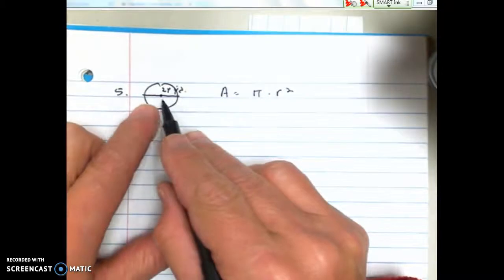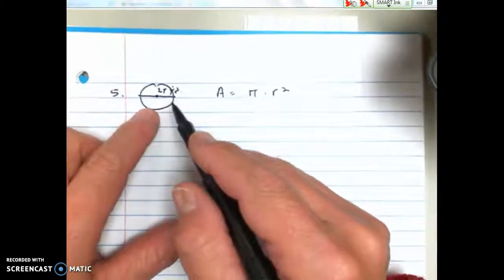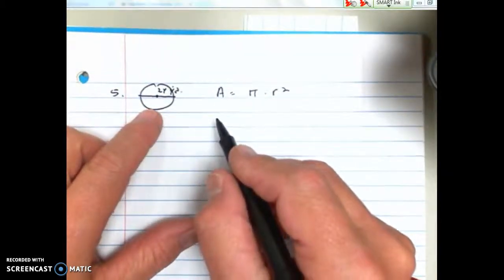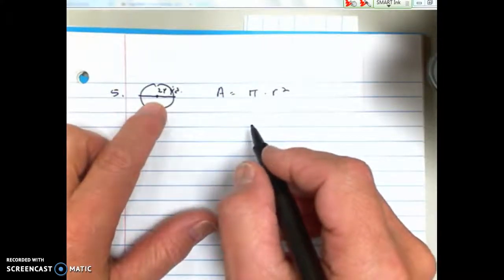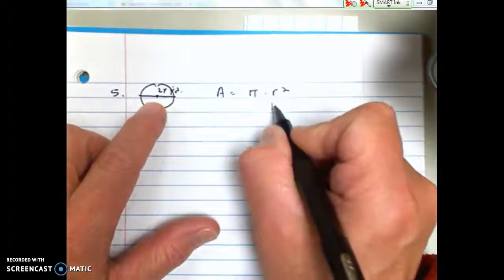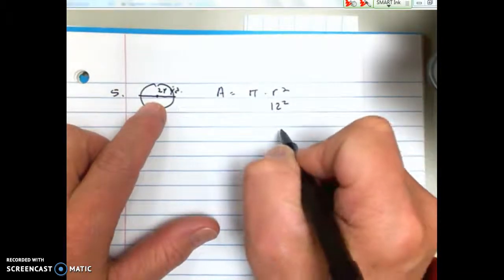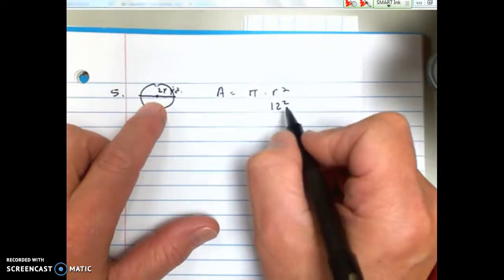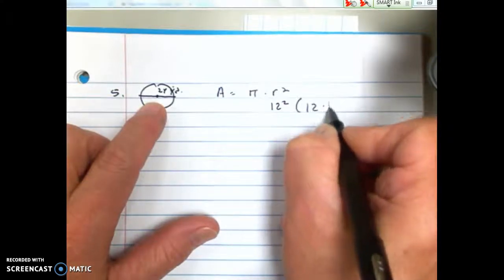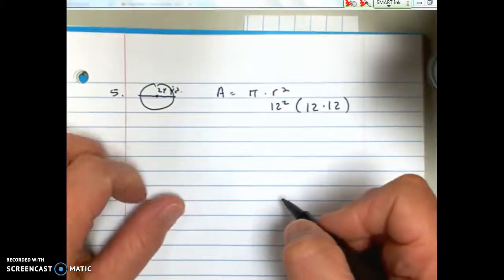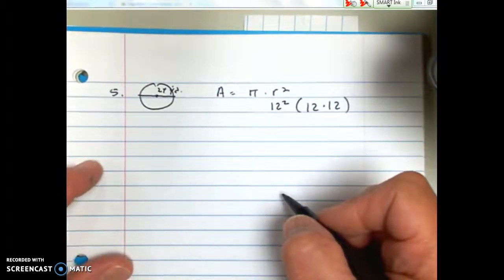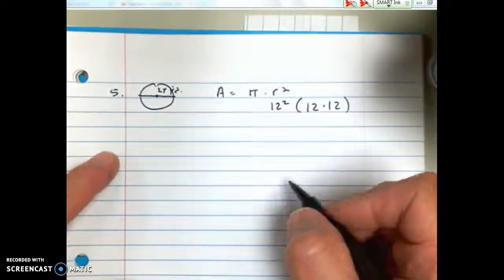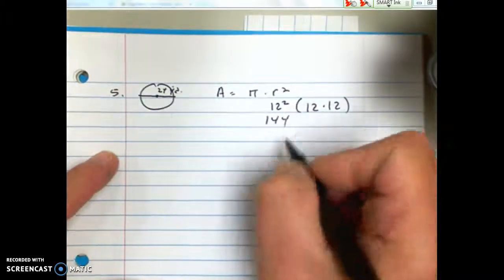Well, if our diameter is 24, what does that make our radius? If you said half of 24 is 12, it would be 12 squared. You are correct. And now 12 squared is 12 times 12, and you probably know that by heart because you know your basic facts. So 12 times 12 is 144, of course.